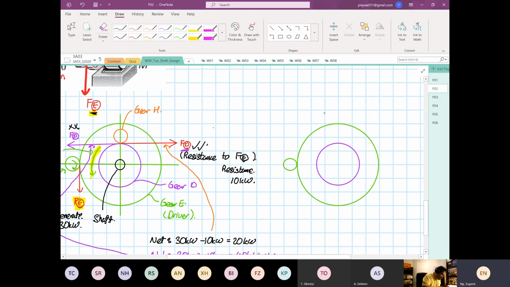Our FE is still coming down from here. Now our gear H, this is a different configuration. We decide to put our gear H over here. So this is our gear H now.